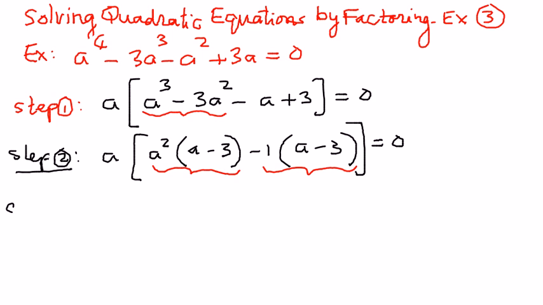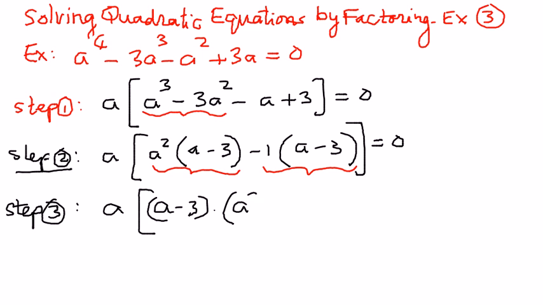So as step number 3, we begin to factor it. A minus 3 is common, and what is left is a squared minus 1. I'm going to write that in the second set of parentheses, and that is equal to 0. And we have pretty much factored all the terms.